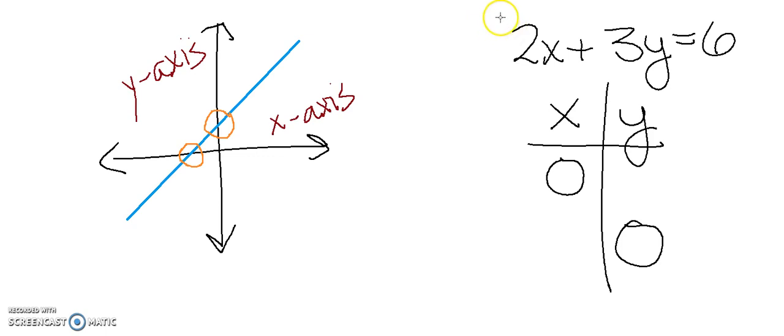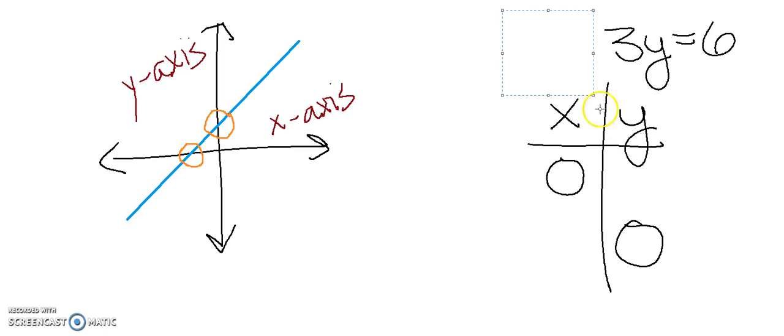So, for instance, the best way to describe this is to pretend like these things no longer exist. If I have x is 0, what that means is you're multiplying by 0, and that means it goes away. So in this situation, I'm going to say x is 0, so 3y equals 6.